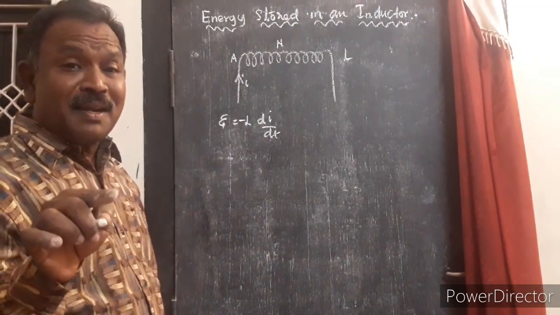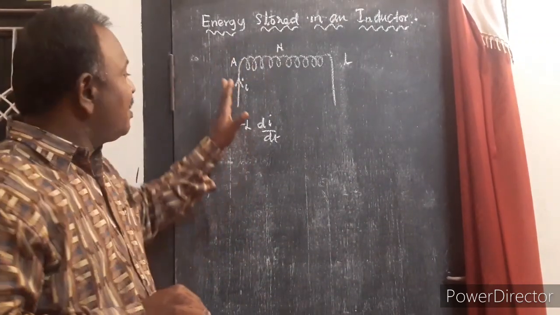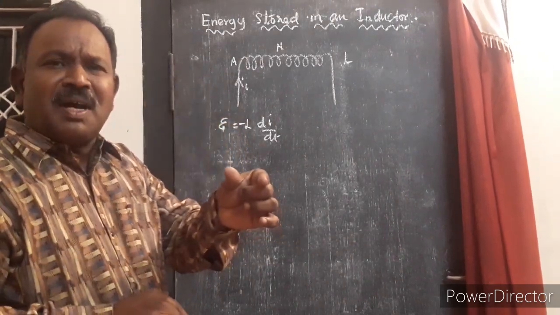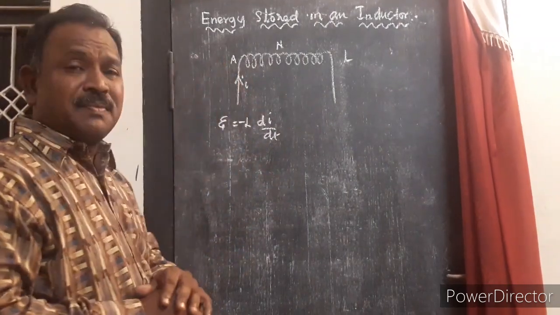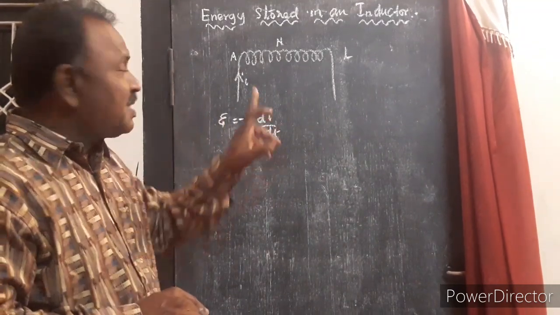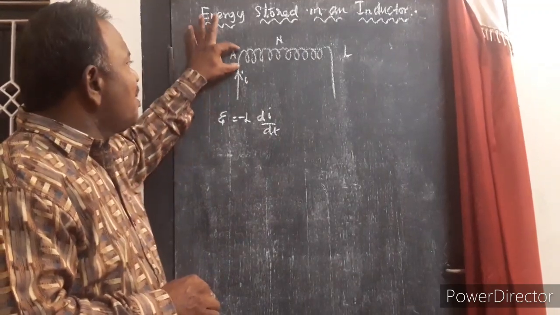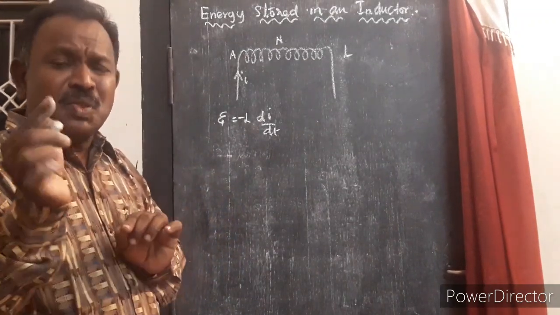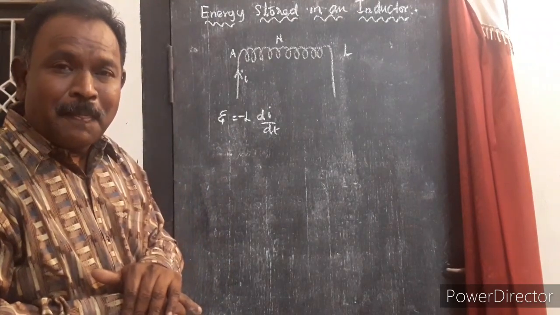To increase the current, I have to take some additional charge. Already charge is flowing, so if dq is the additional charge I am adding to the circuit, then only the current will increase. I have to take this dq amount of charge from one place to another in a certain time. This work done is stored as magnetic potential energy.